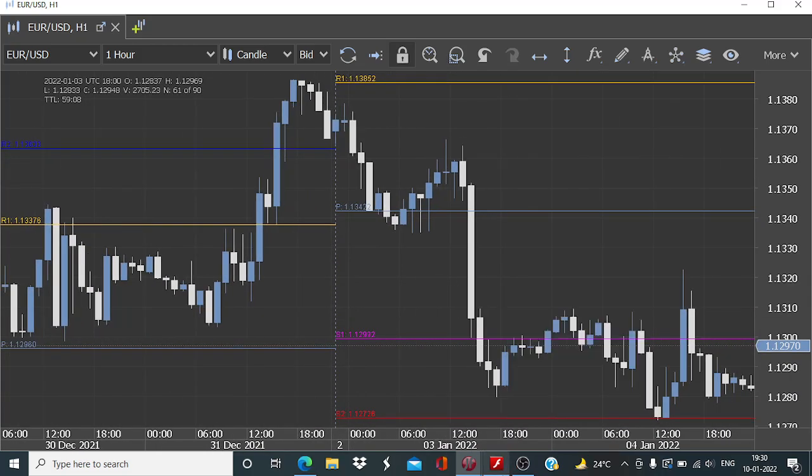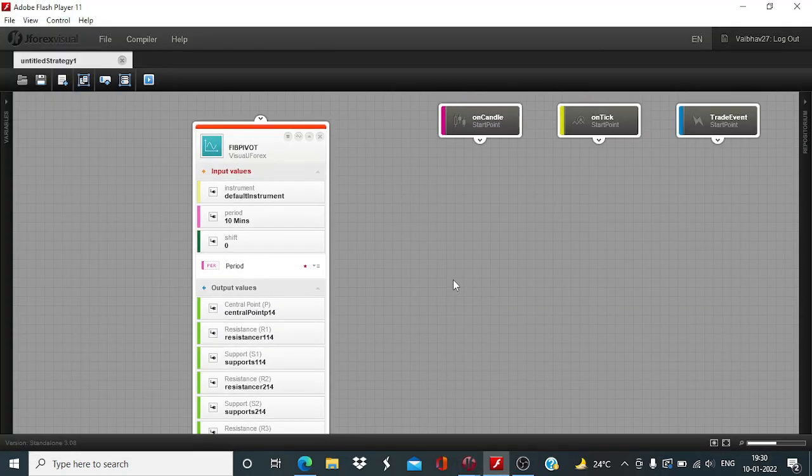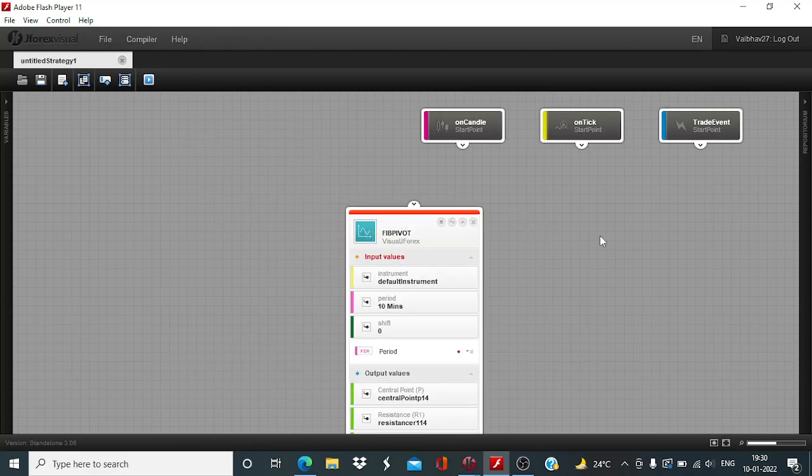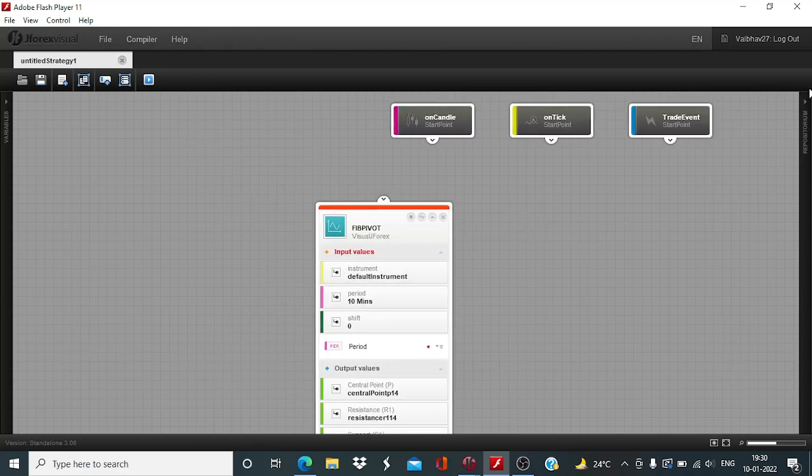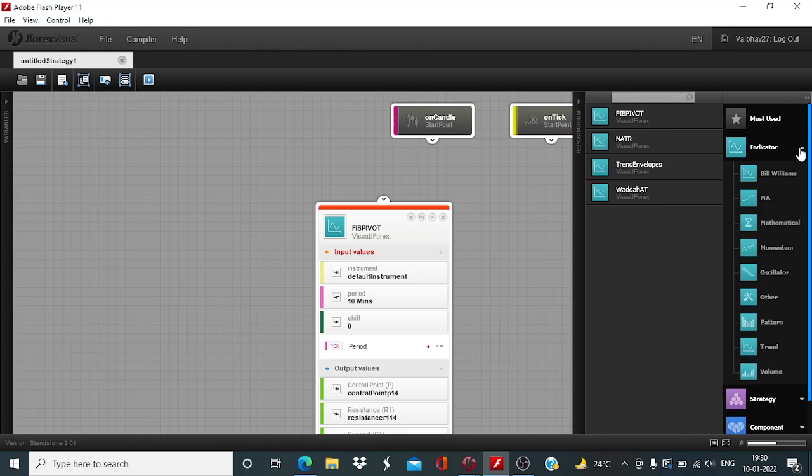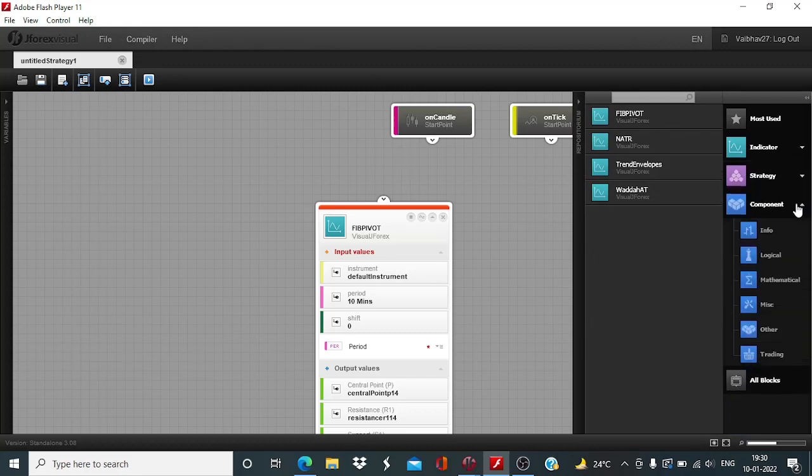Now we head back to the Visual JForex board where we will have to get the instrument subscription done first. For that, I'm going to take the help of logical components, if else block.